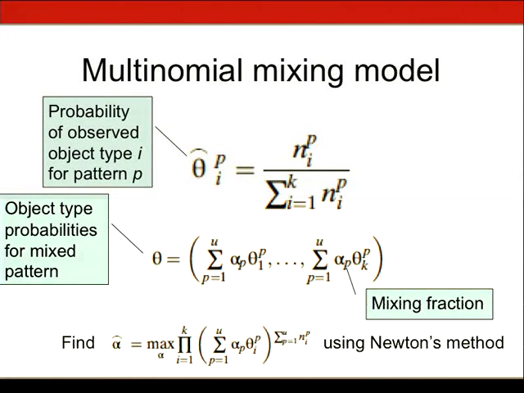Now, an alternative is to consider that any given object distribution is drawn from a multinomial distribution, and then we can find this multinomial distribution just simply by counting how often each object type for pattern P of type I is observed relative to the total number of objects in pattern P. And then once again, the object type probabilities for a mixed pattern are just the sum of the object type distributions over all of the patterns.